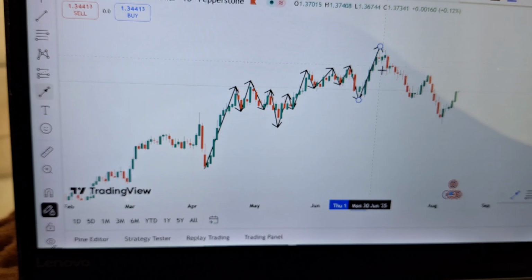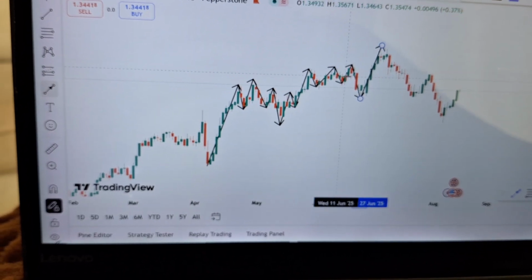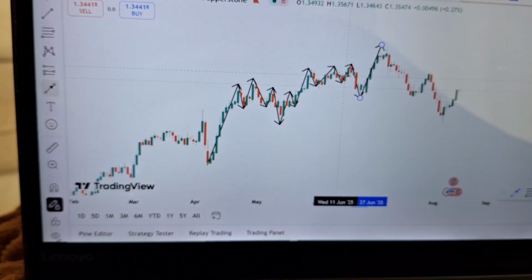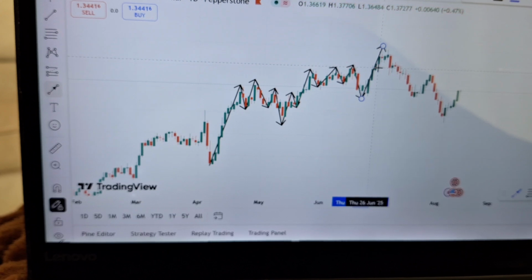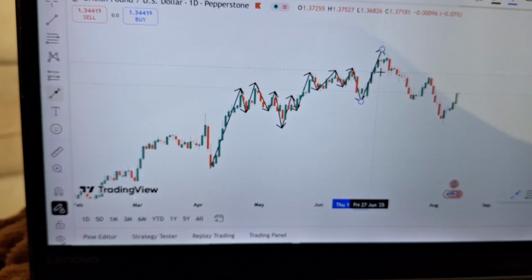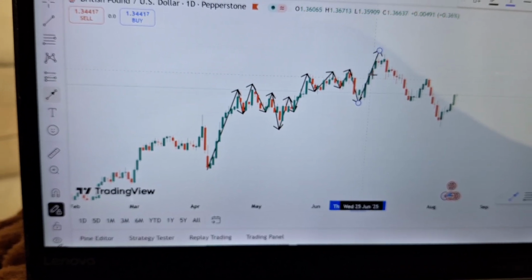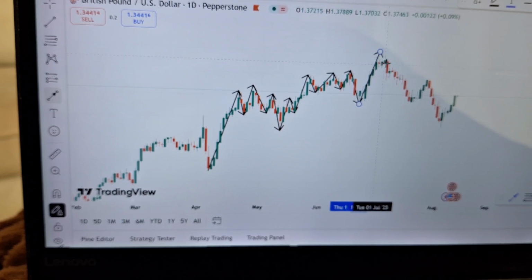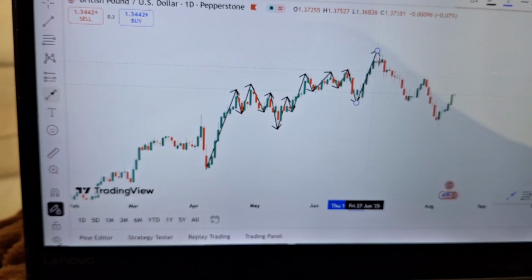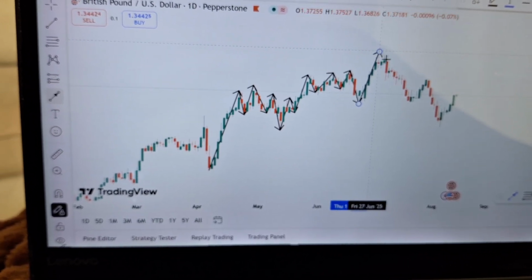As you can see, even the shadows are not as strong. So if you see a small momentum like this, just ignore it and follow the trend that is more of a momentum. So again, we continue.